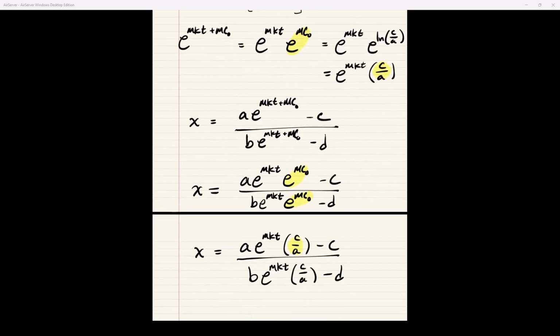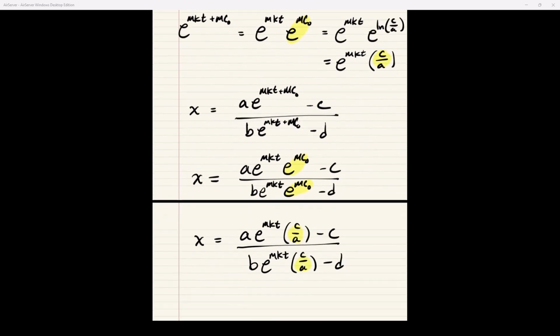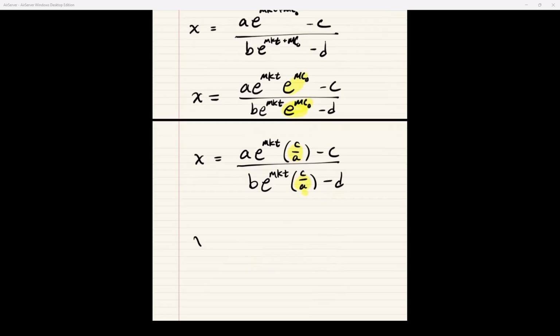So I can replace each of these with just c over a, and so x is, the a's will cancel here, so we have c e to the mkt minus c over, now I can see this is bc over a e to the mkt minus d.